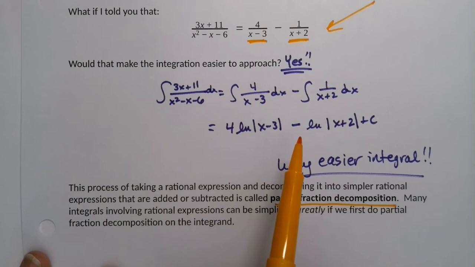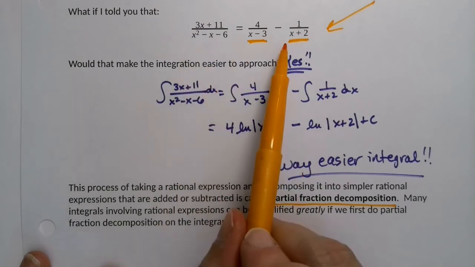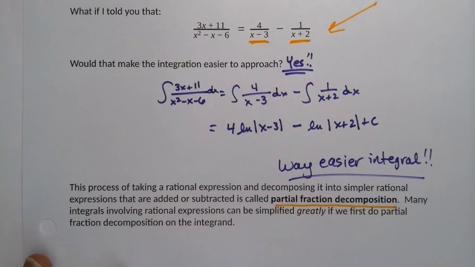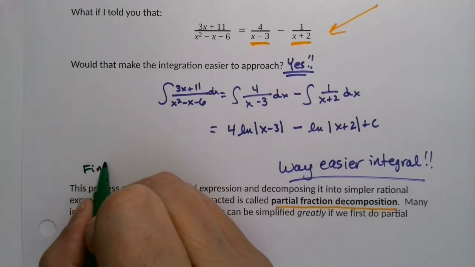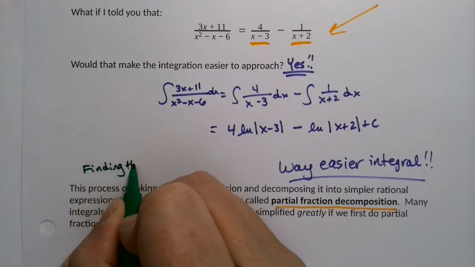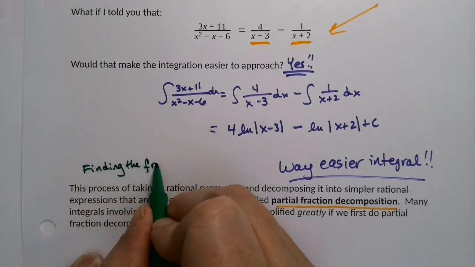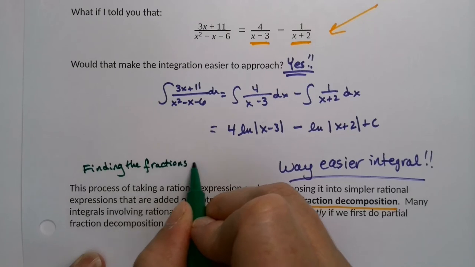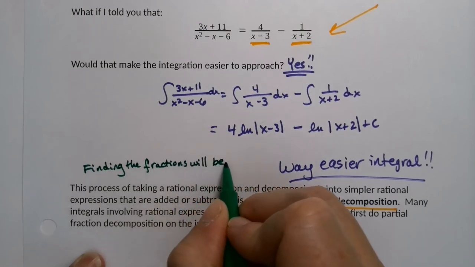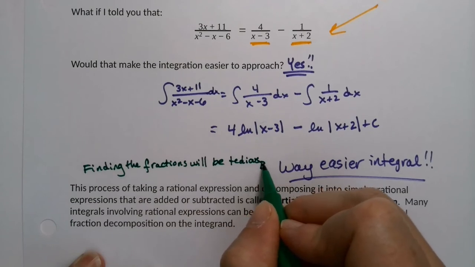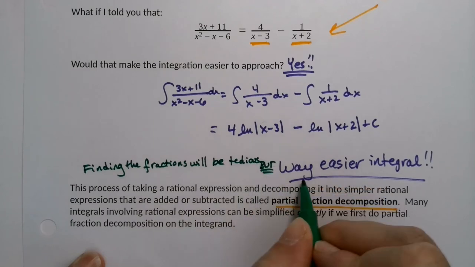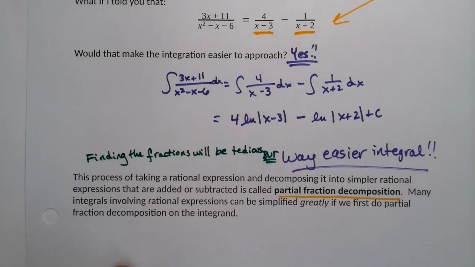So the integrals are simple. The trouble is getting to that point. Finding the fractions is going to be tedious. But the integration will be very easy once we're able to do it.